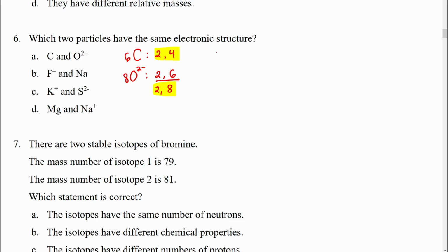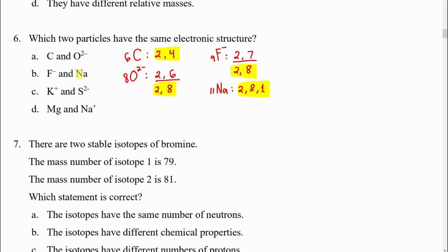Next, fluorine is 9. So how do we configure this one? 2, 7, right? Since it is a fluorine ion, you will receive 1 more electron. So now you become 2, 8. And sodium is 11, so it's going to be 2, 8, 1. This is the electronic structure, right?